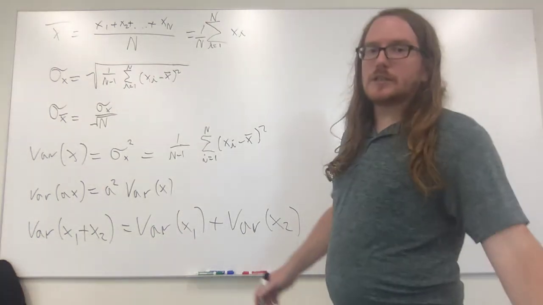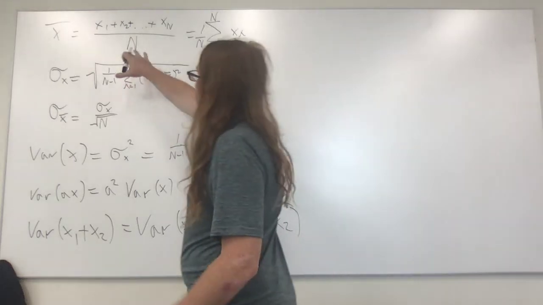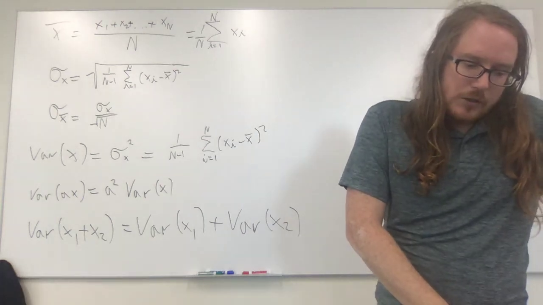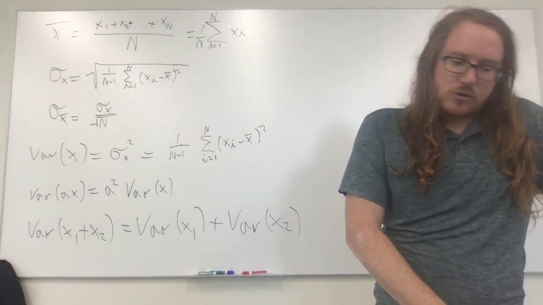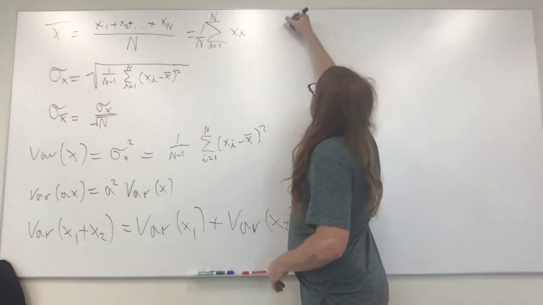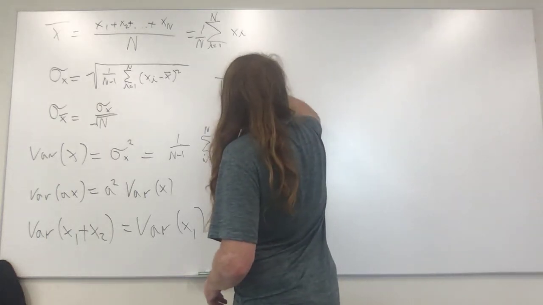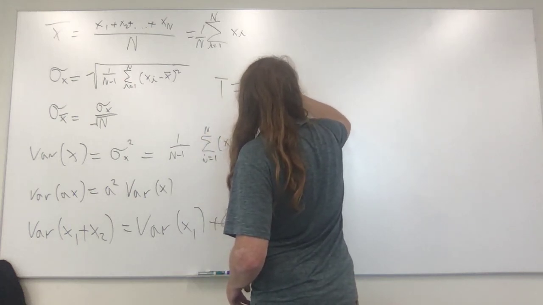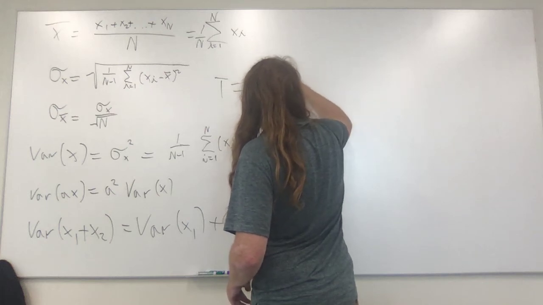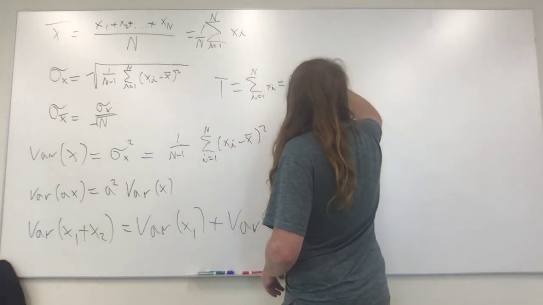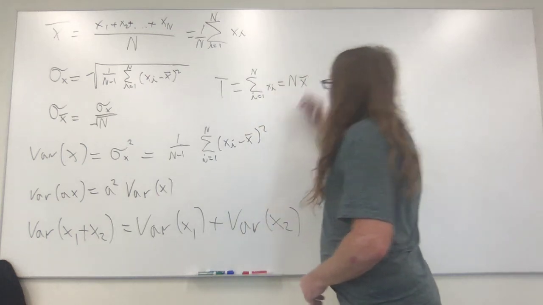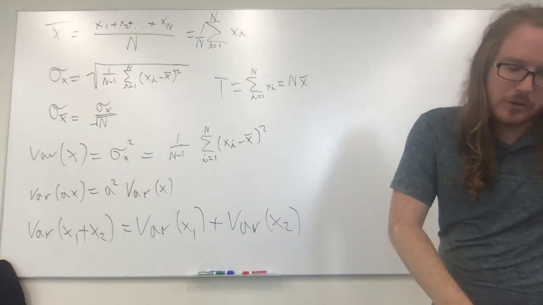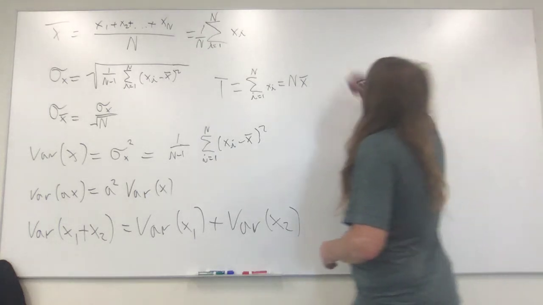If we say that the total T is just the sum, without dividing by n, it's just equal to n times the average. What we're going to do is take the variance of T.